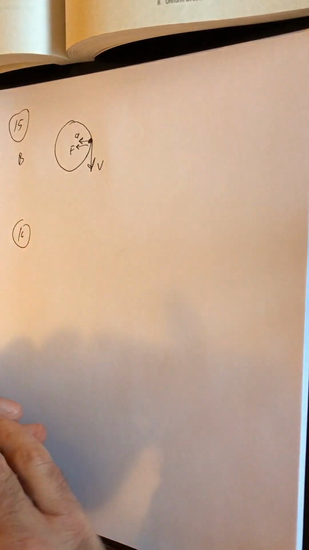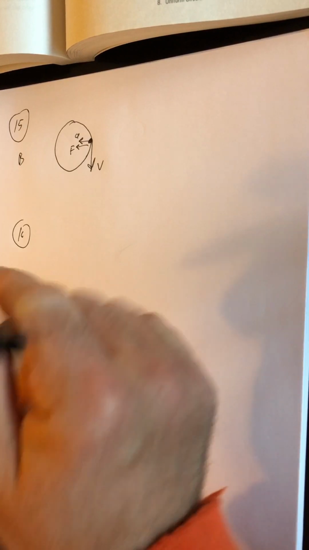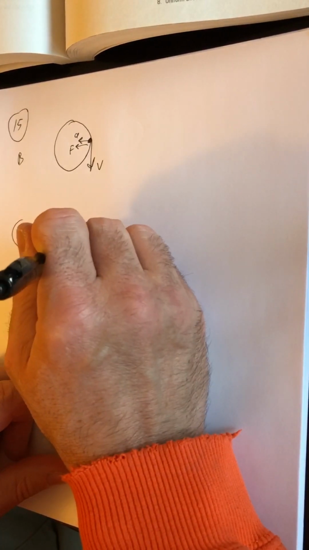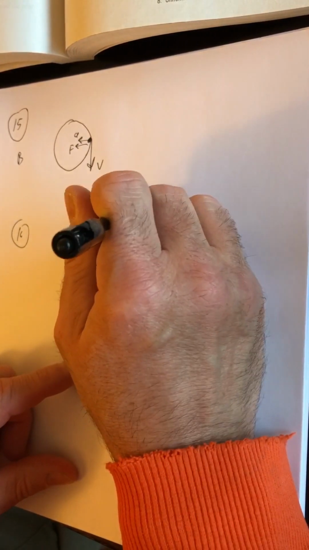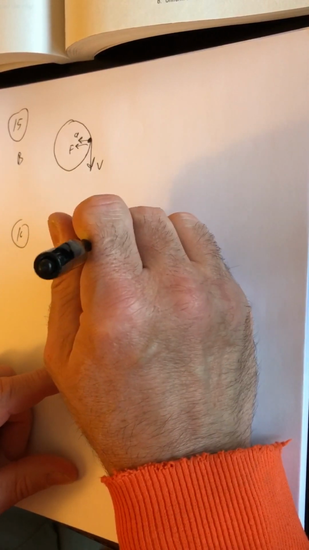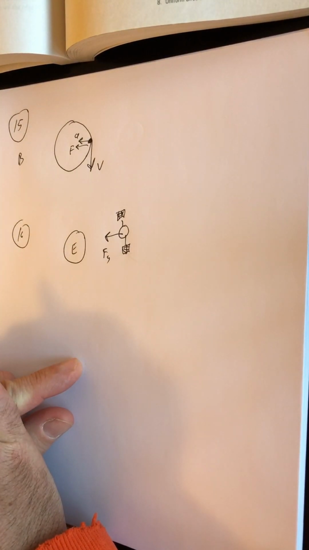And 16, which of the following statements for a satellite in outer space orbiting the Earth in uniform circular motion is true? There are no forces on the satellite. Well, that's not true, right? It would go in a straight line if there were no forces. So obviously there's a force of gravity here. Force of gravity is the only force acting on the satellite.